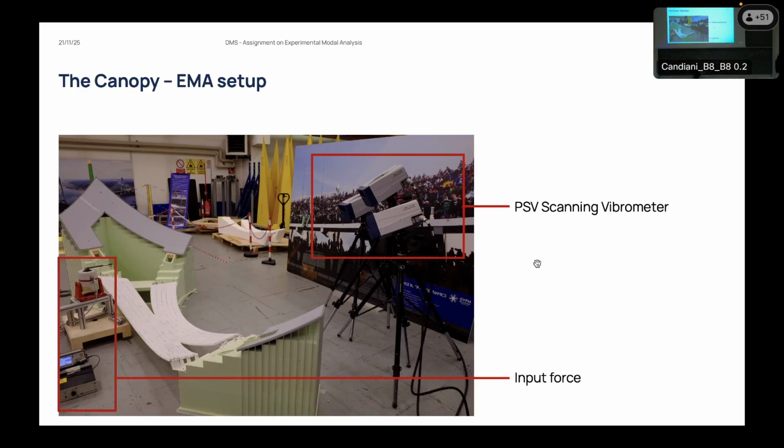The final choice relied on a vibrometer that is able, through a set of scanners, to monitor different locations of the structure. This is what we are going to use to read the output, while the input force will be a harmonic force with an angular frequency that is varying in time, so that we can reconstruct the frequency response function.